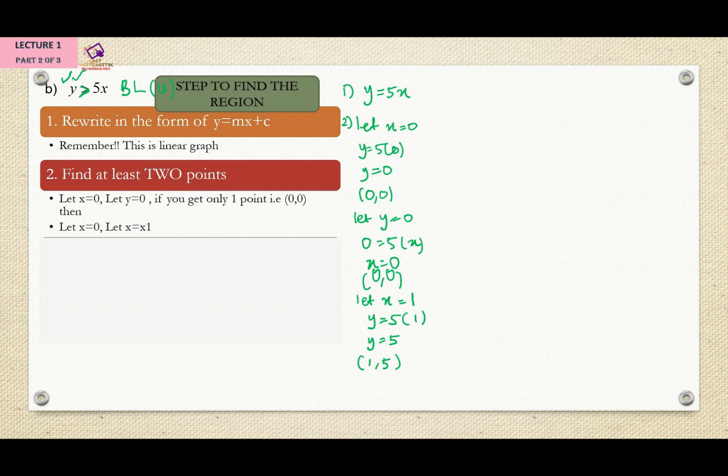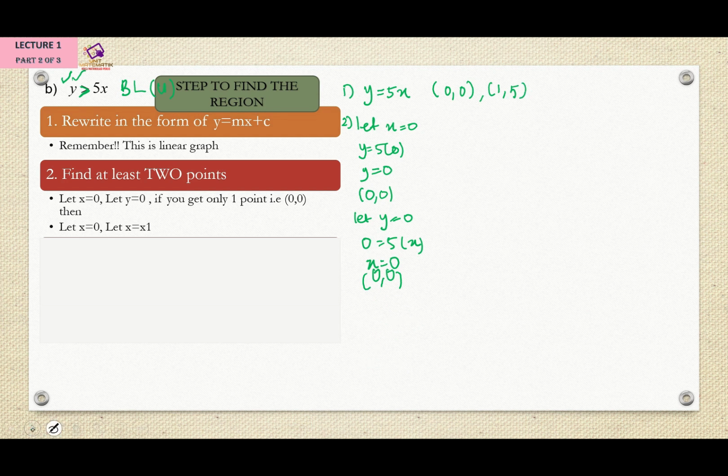So let x equals to 1. Until this stage, you can choose your x, whether 1, 2, -1, -2, or something else except 0. So that you will get another point, which is here 1, 5. So the points will be 0, 0 and 1, 5.